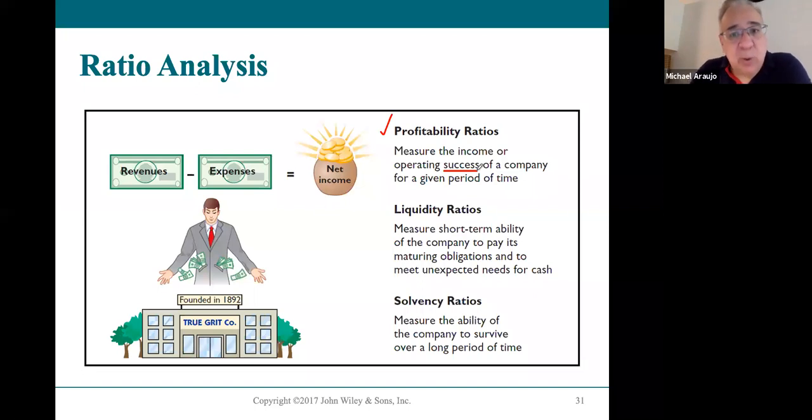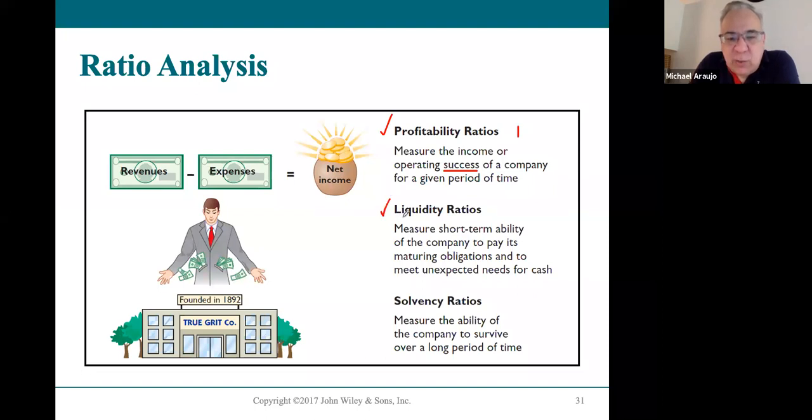Because over time, you want your company to have more profits, and you want your share of those profits to increase over time. And that usually gives your ownership stake more value, which is a nice way of saying your stock price should be going up as the company becomes more profitable. And so profitability ratios, there's one in particular that we're going to be looking at here.